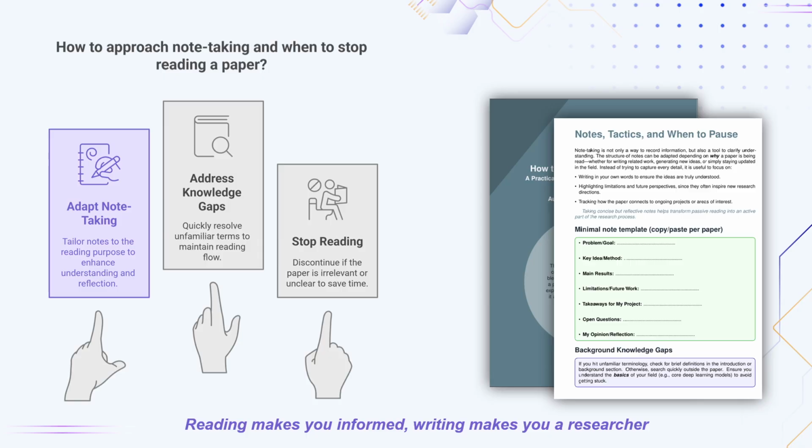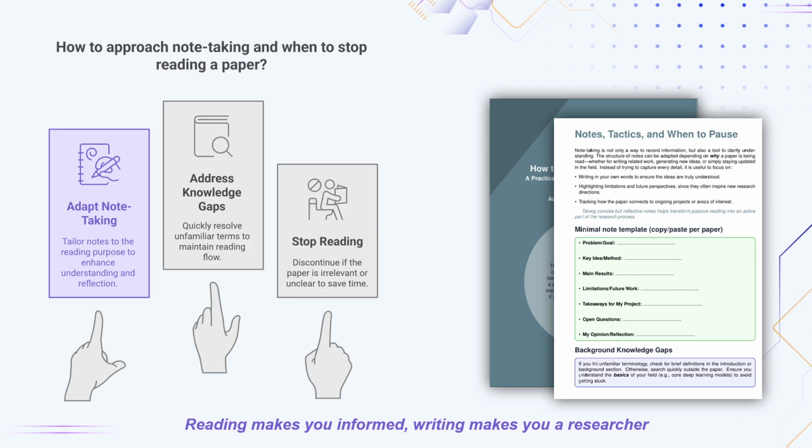So, emphasize what is the problem or goal, what is the key idea or method, what are the main results, what are the limitations and future work, and finally, what is your own opinion about the paper. Every note you write trains your ability to express ideas clearly, making reading an effective part of your growth as a researcher.